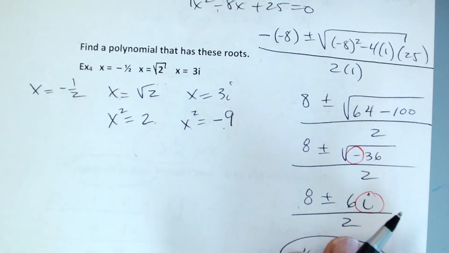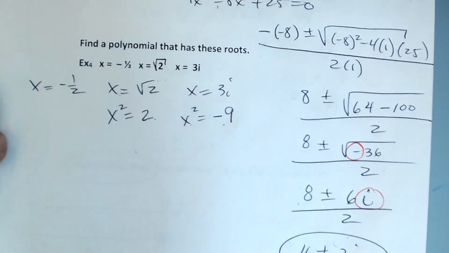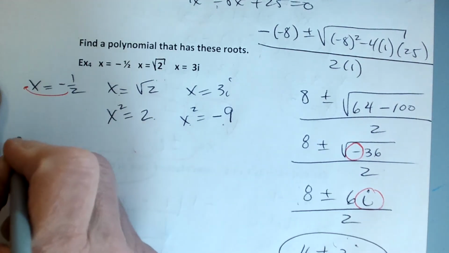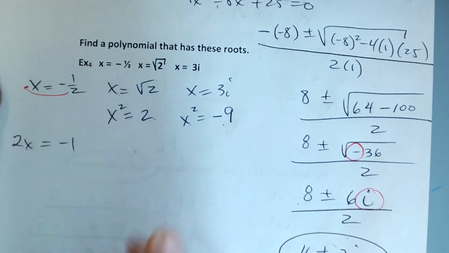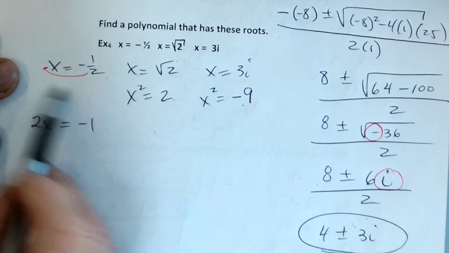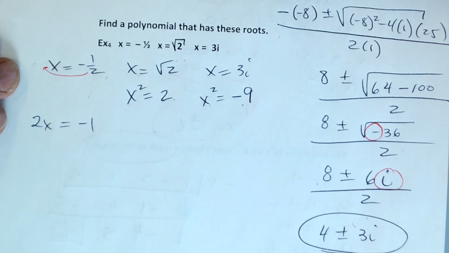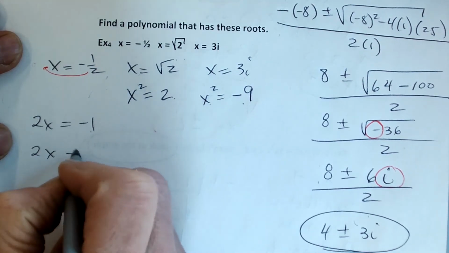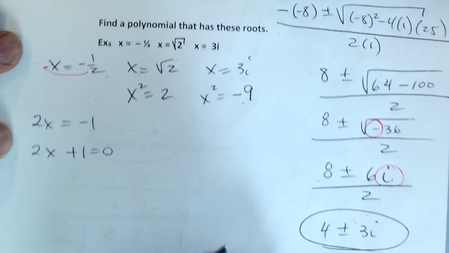All right, so then I want to make mini equations. If I multiply up the 2, I'm going to have 2x equals negative 1. I just multiplied up the 2, because I need to make mini equations. Remember the mini equations? Plus 1, plus 1, 2x plus 1 equals 0, okay?